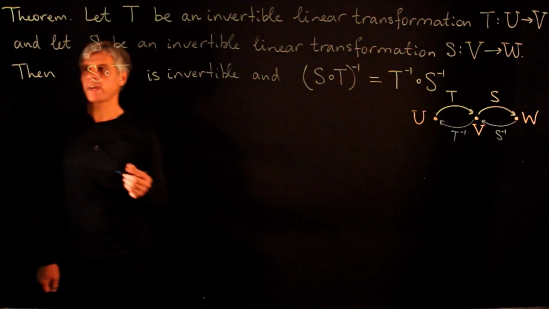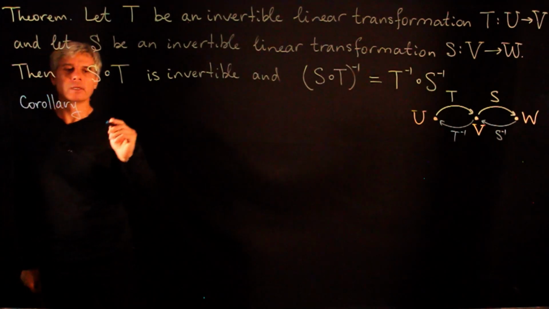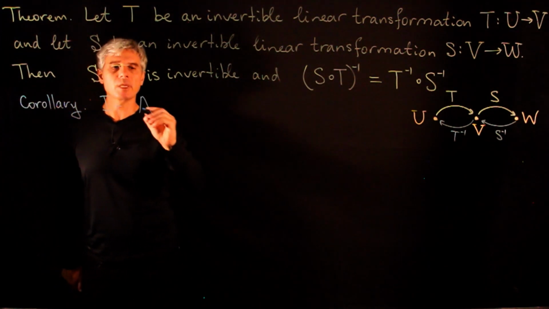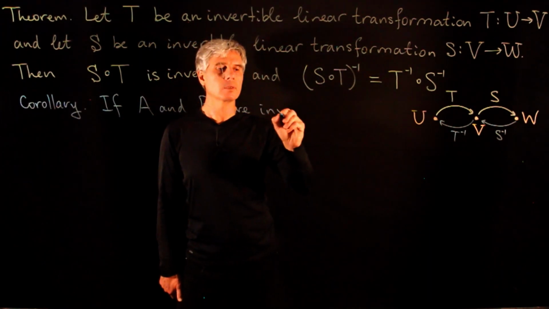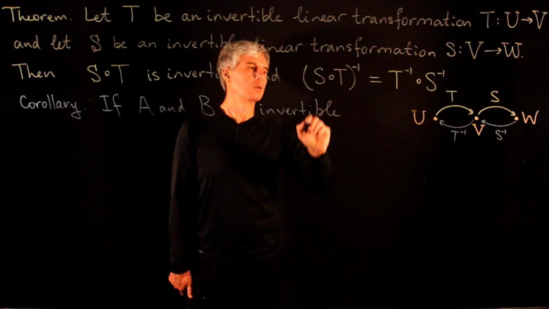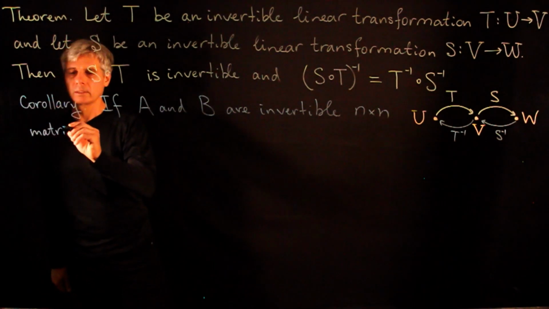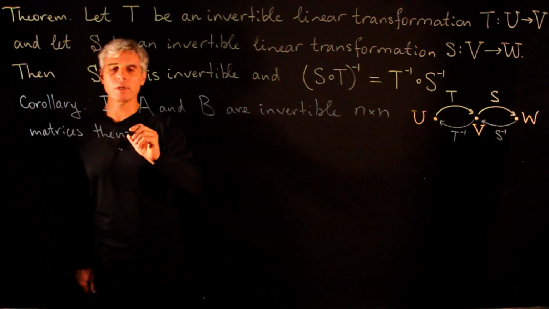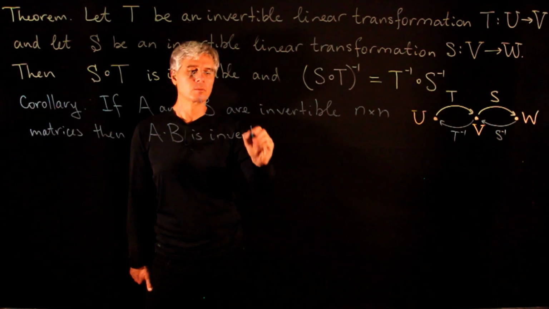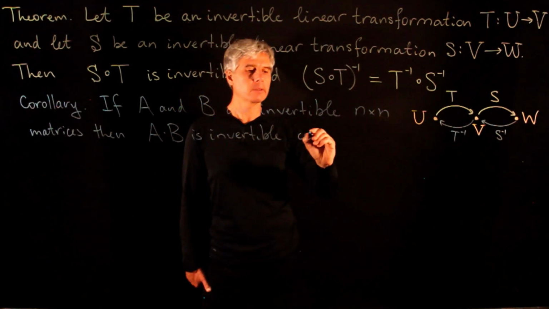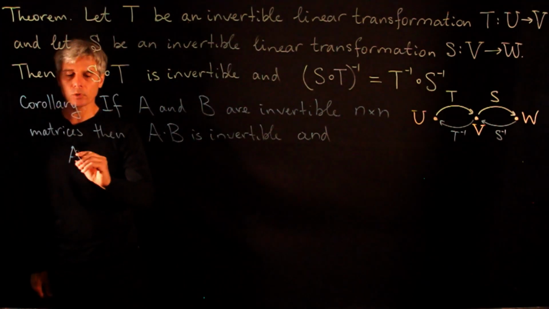We can also express this fact with matrices. So we get a corollary. If A and B are invertible n by n matrices, then their product AB is invertible, and we have the same formula for the inverse of a product.